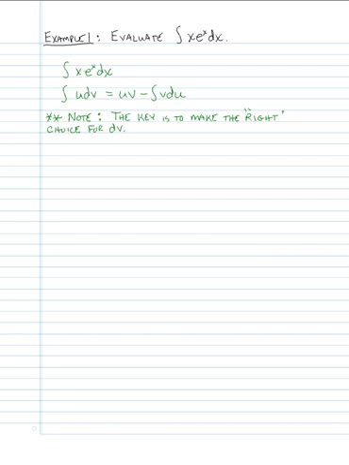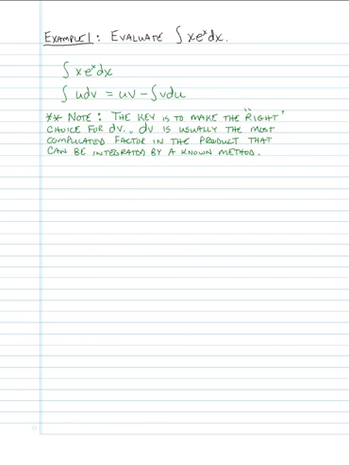And let me tell you that dv is usually the most complicated factor in the product that can be integrated by a known method.